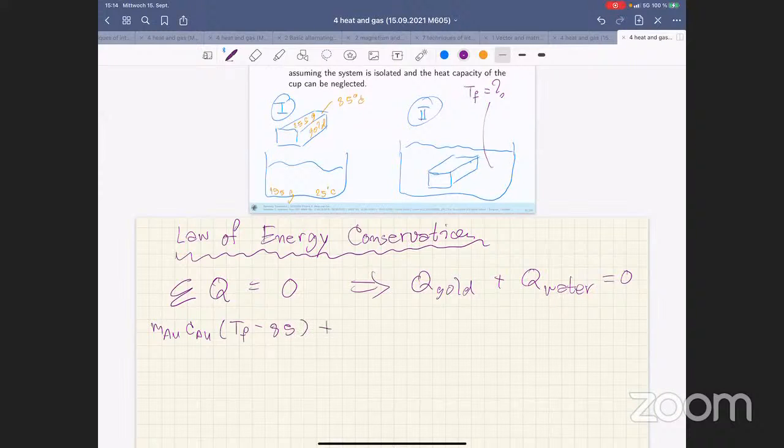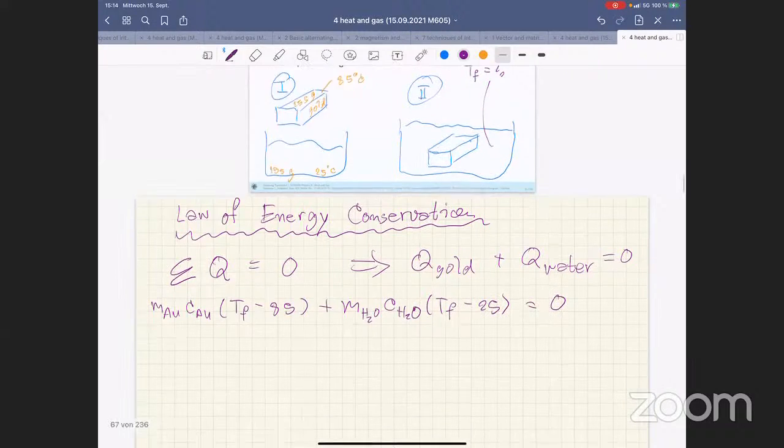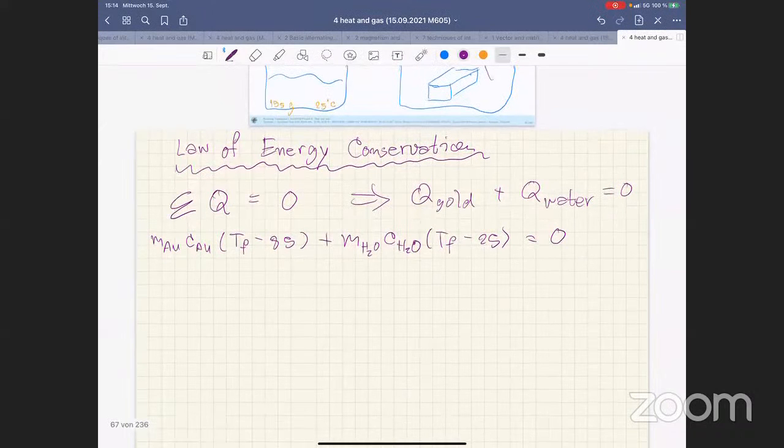And plus the mass of the water, H2O, C of H2O, times TF minus 25, right? Equals 0. And you have to solve this equation for TF, right?